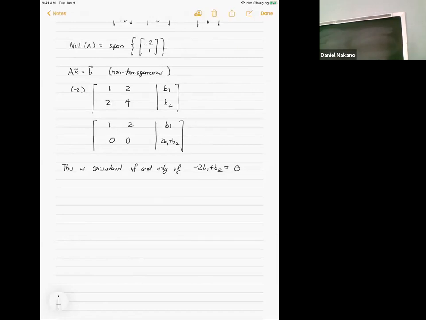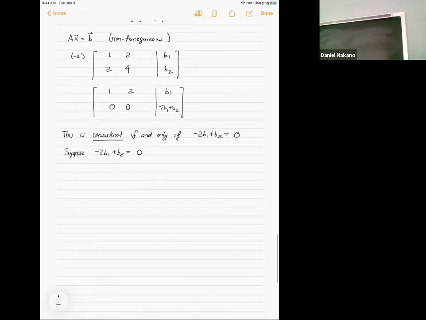So it has a solution if and only if this is true. Let's suppose it is true, so suppose that -2b1 plus b2 is equal to 0.